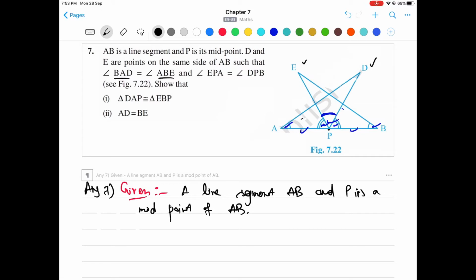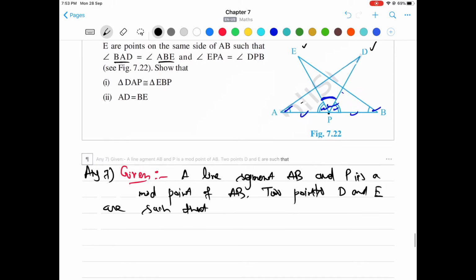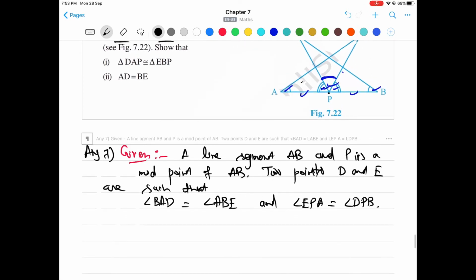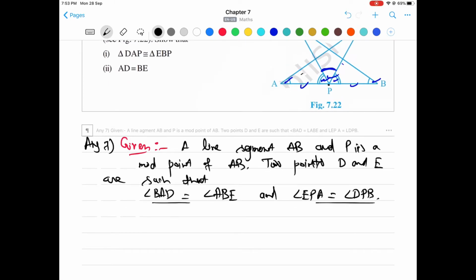Okay, then we have two points D and E such that the angle BAD is equal to angle ABE and angle EPA is equal to angle DPB. Okay, so we have these two angles equal, given.